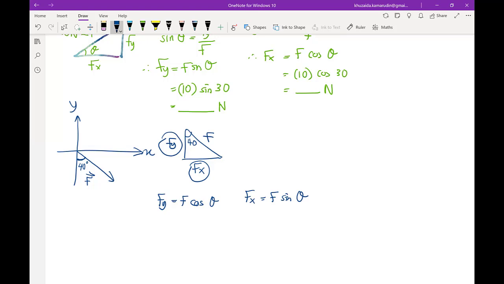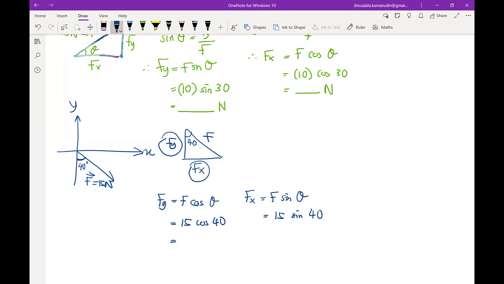Then you substitute the value. Let's say f over here is 15 Newton. So masukkan nilai 15 cos 40, and this one is 15 sine 40. Then press the calculator. Dekat sini jangan terlupa.